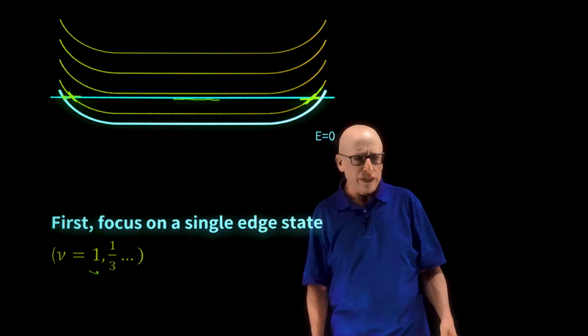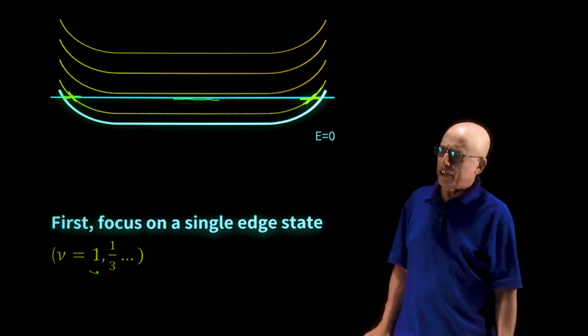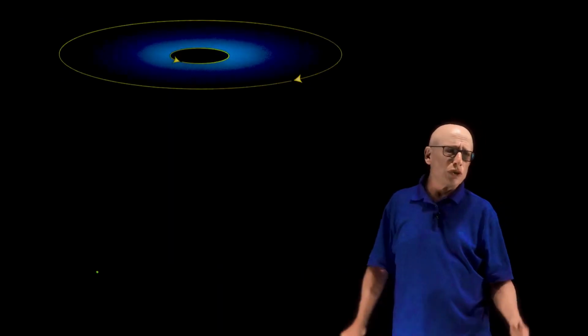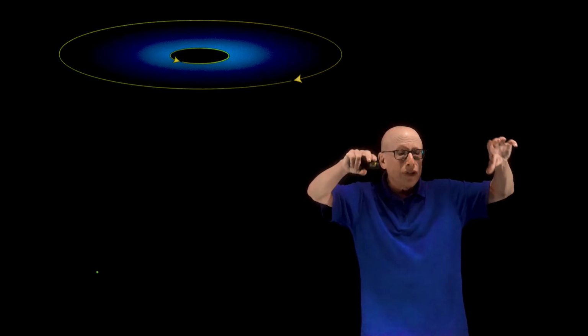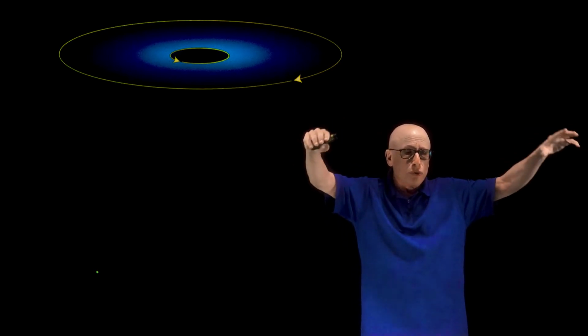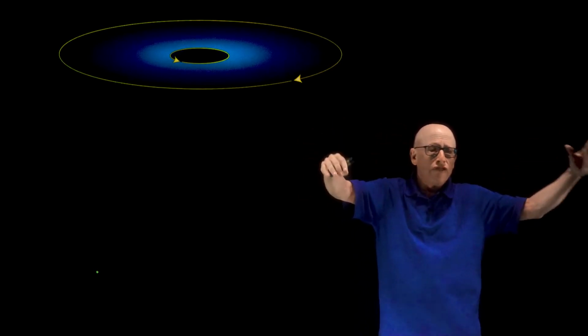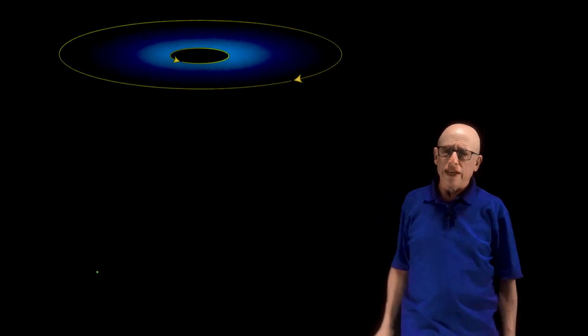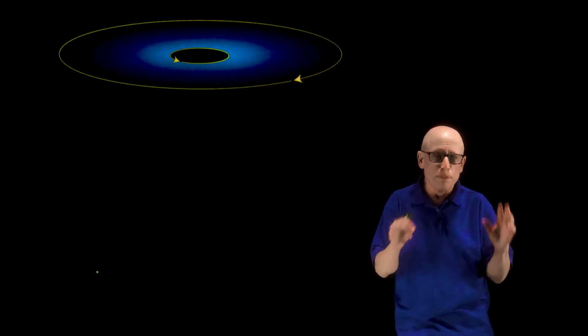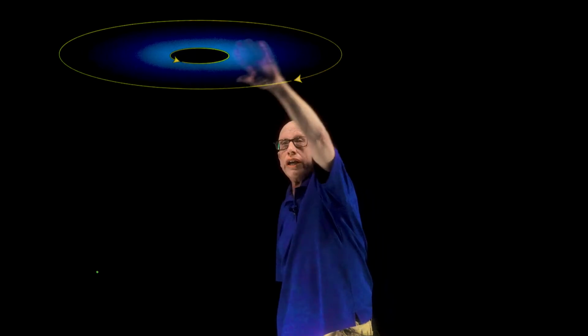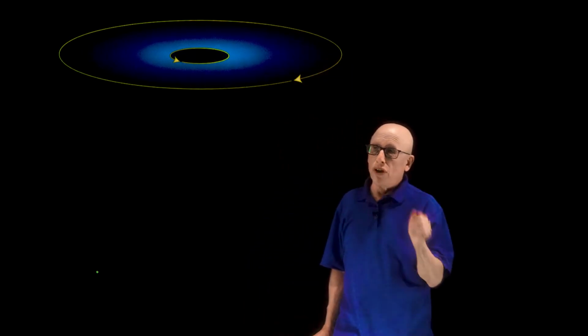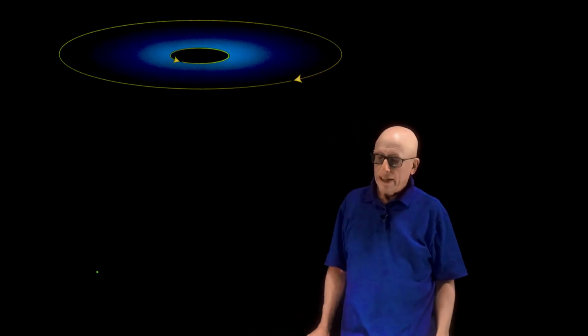We want to have one or two more simplifications. We don't want to worry at the moment about how the edges couple to the metallic contacts from which current comes in and out of the sample, and therefore we'll put our system on a Corbino disk with no contacts.